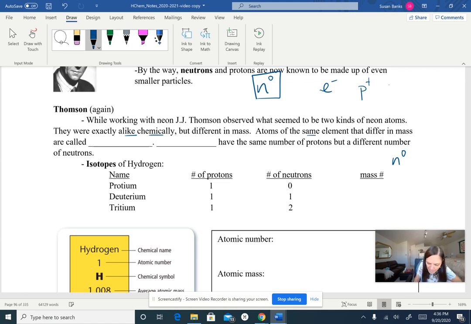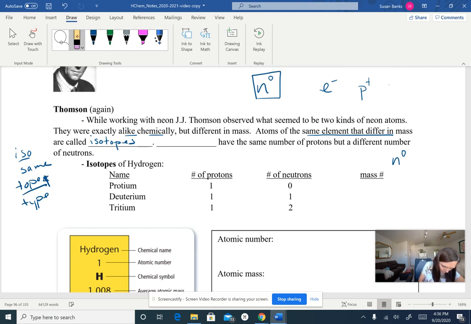Atoms of the same element that have different masses are called isotopes. Iso in Greek means same. Tope means type. So isotopes mean same type.